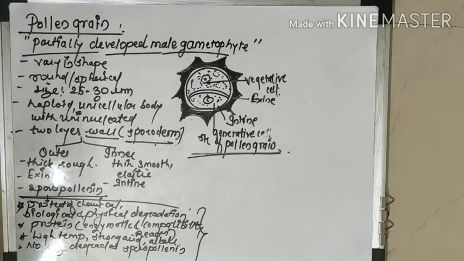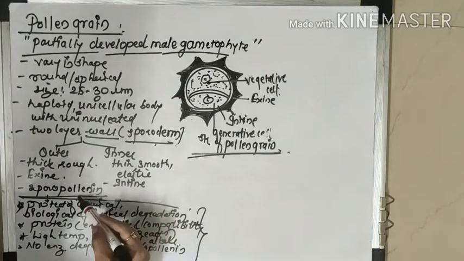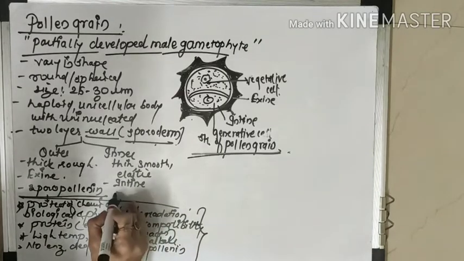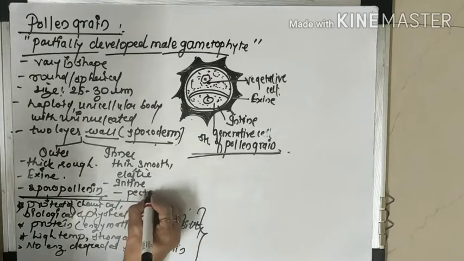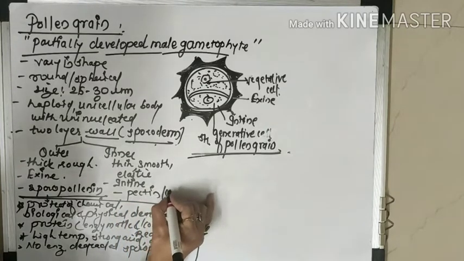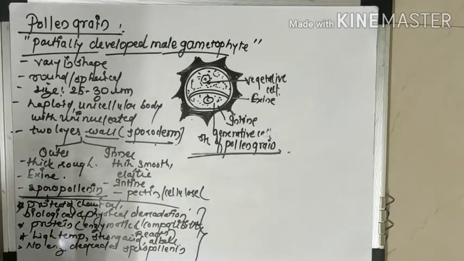That is the significance of sporopollenin, and it helps in the formation of the outer layer of the pollen grain. Now come to the inner layer.